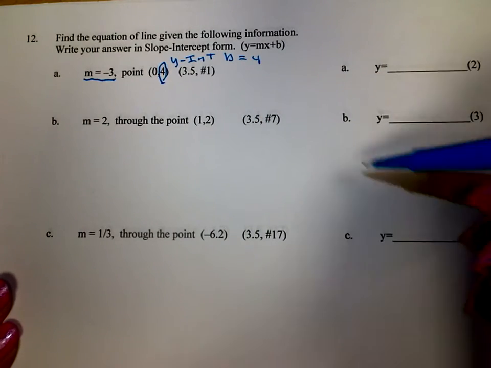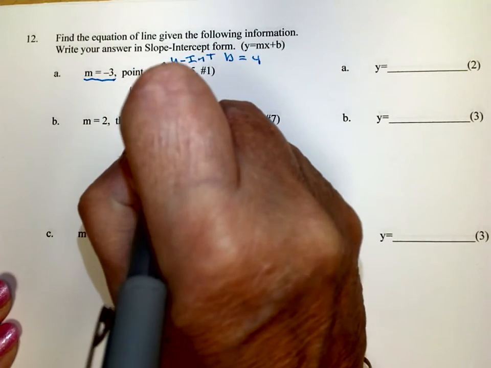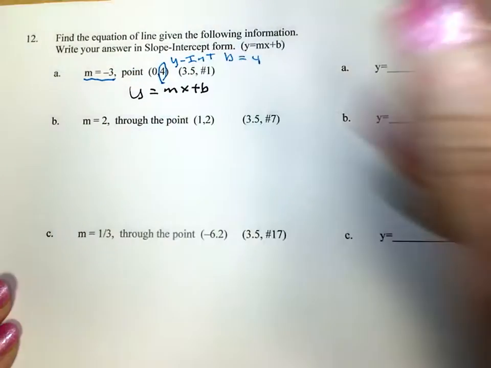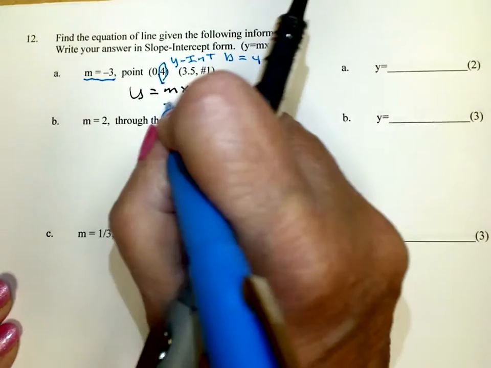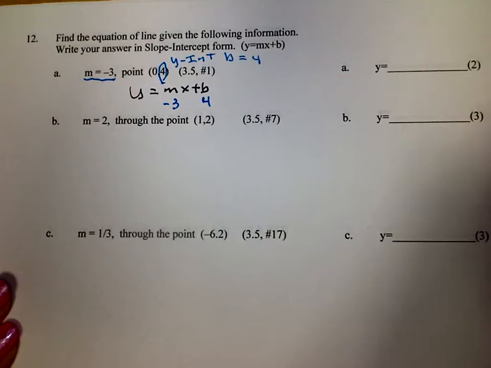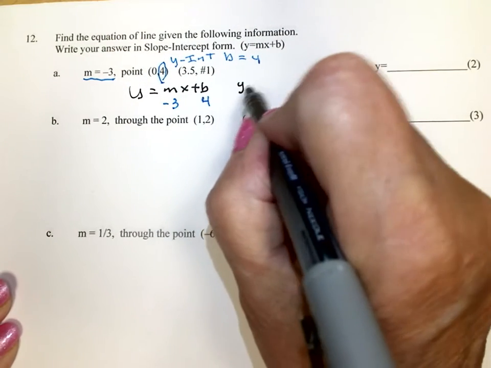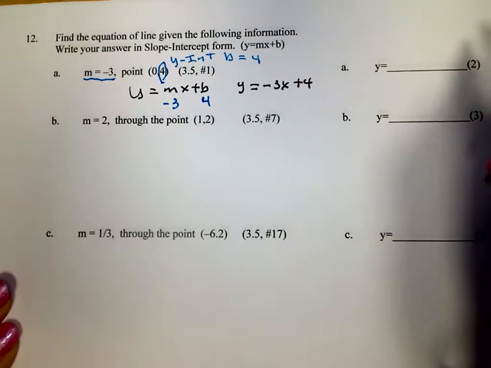So I can write it just in slope-intercept form. In other words, y equals mx plus b, where m is going to be -3 and b is going to be 4. So it's going to be y equals -3x plus 4.